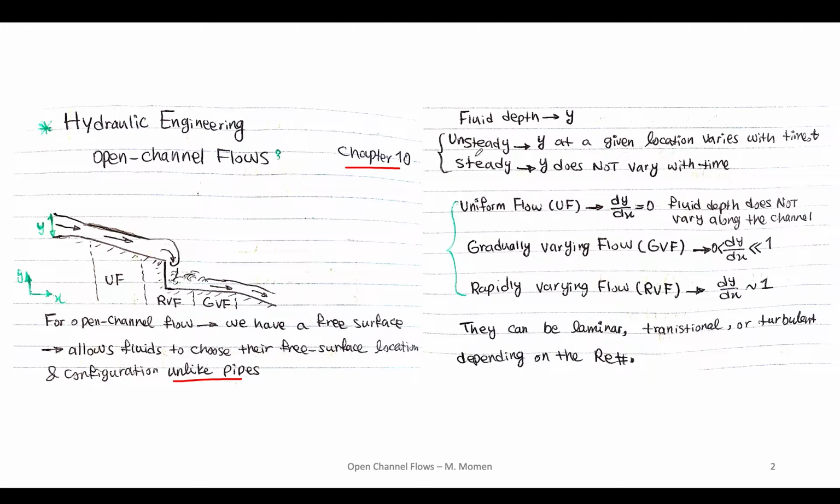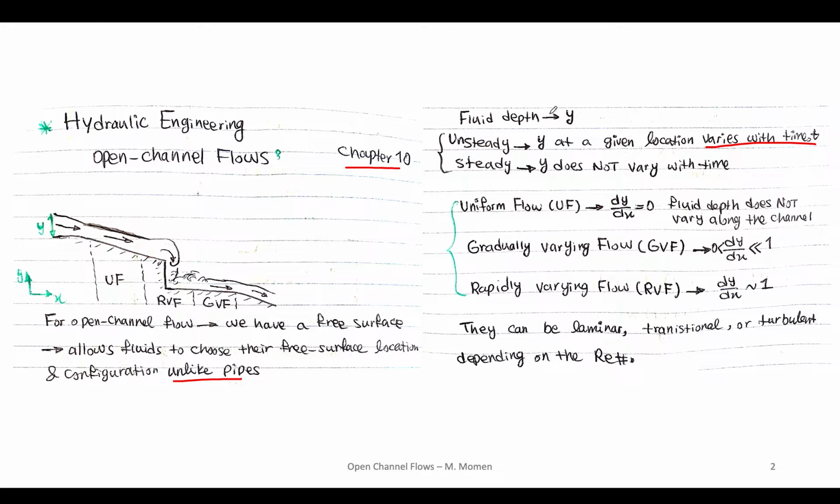An unsteady open channel flow is a channel flow in which y, which is the depth of the fluid at a given location, say for example here or anywhere in the system, varies with time t. So it's a function of time. Okay, this is what we call an unsteady system.